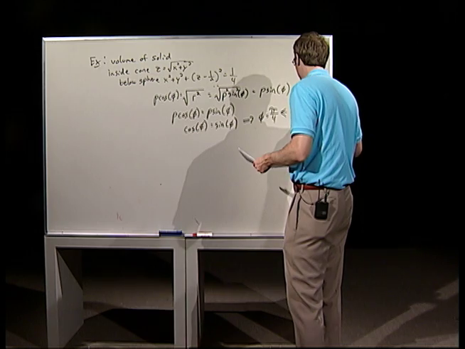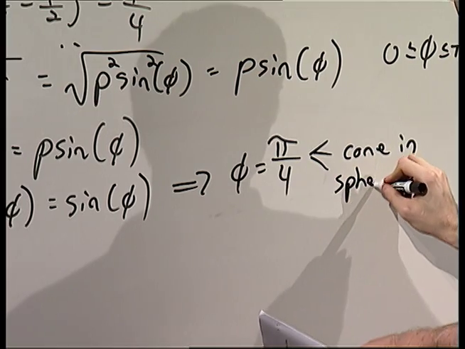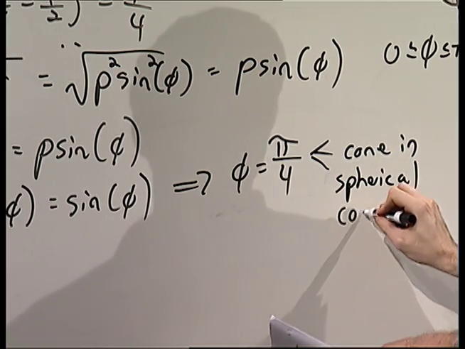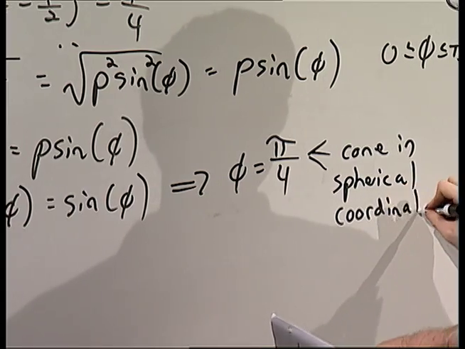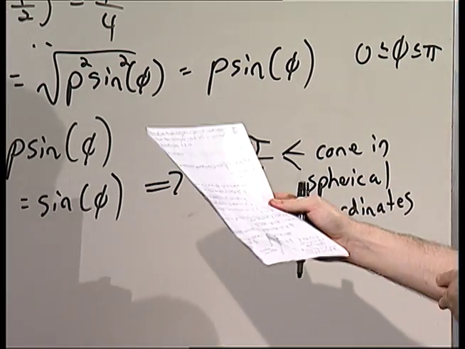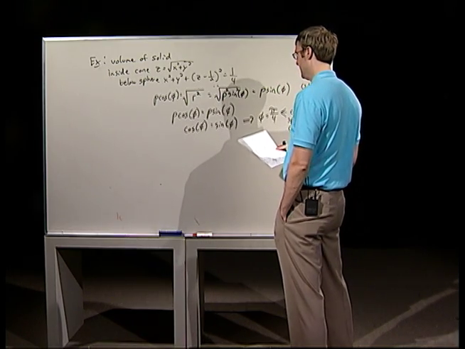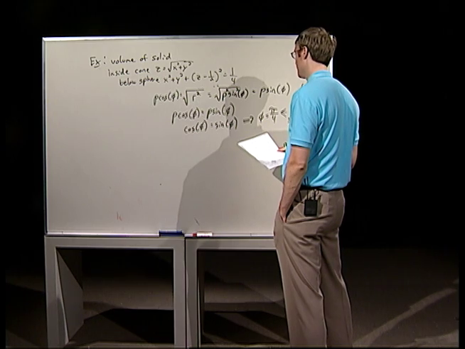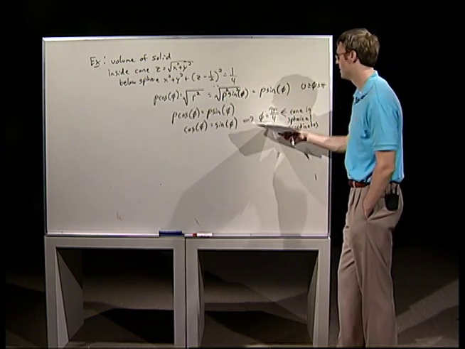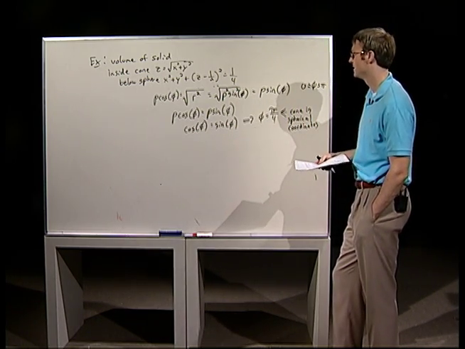So this is the cone in spherical coordinates. In fact, in both cases, even the cancellation of rho wasn't a big deal because this does include the point 0, 0, 0.